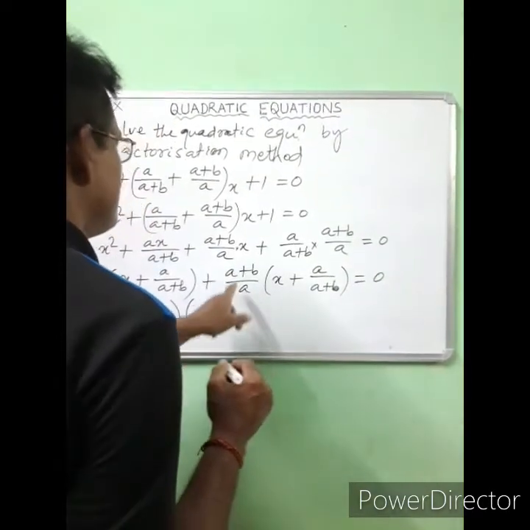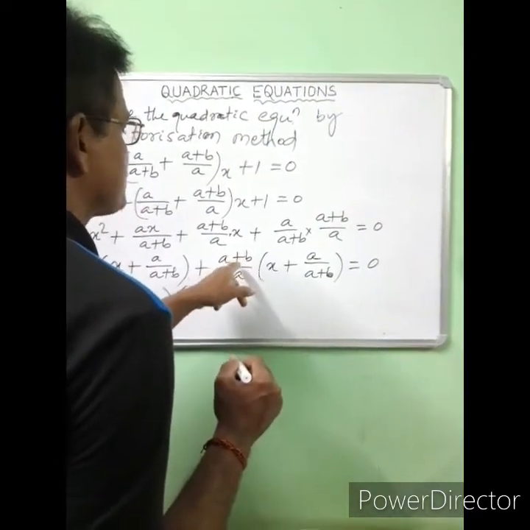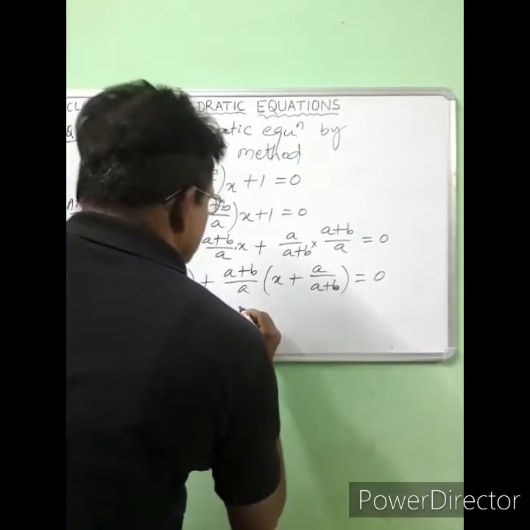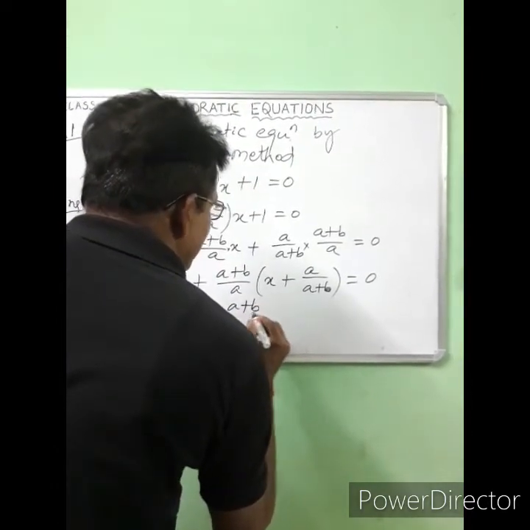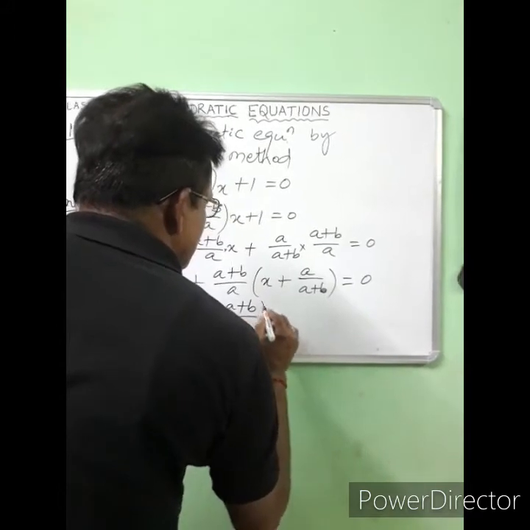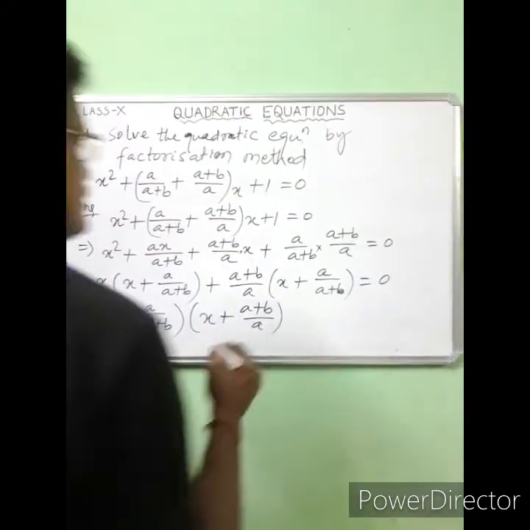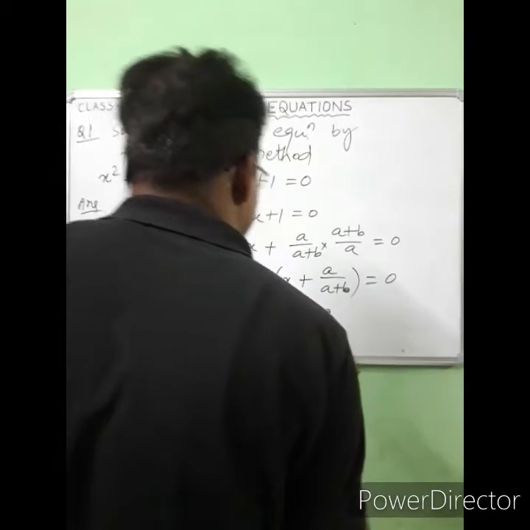So the remaining is a plus b by a. Clear?